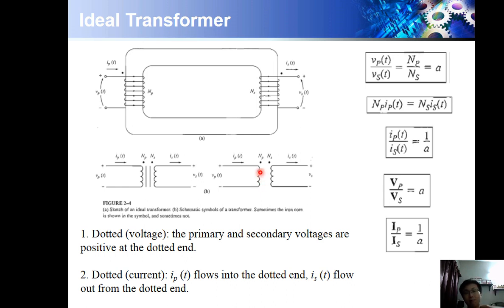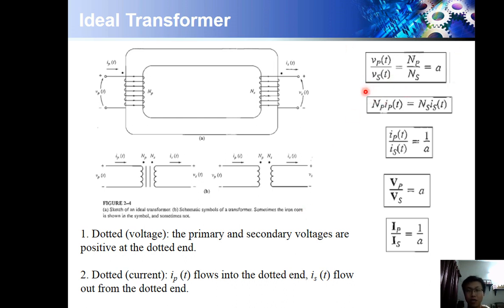But most important, we must have a dot. If I have a dot here, the positive will be here. If I have a dot here, the positive will be here. Then VP here, VS here, the primary current flows into the dot, and the secondary current flows out from the dot.